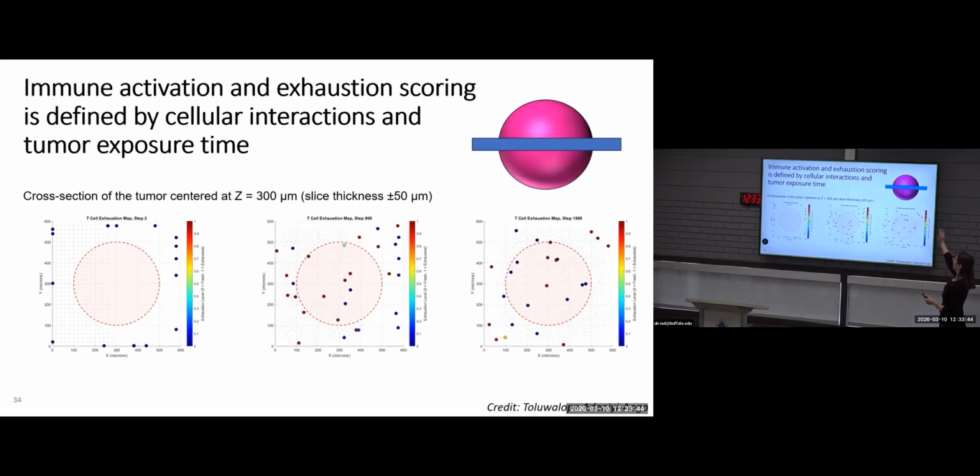Here's a very similar model to what I've previously shown that Tlu has been working on tracking. What I'll really point out is that whereas Jordana was tracking primarily exhausting interactions or potential exhausting interactions, Tlu has defined an exhaustion level for each of her T cells. So each individual T cell in this system, she's also defined, as indicated by the circle, what she calls the hypoxic core of this tumor.